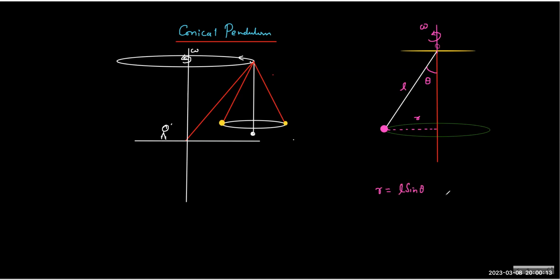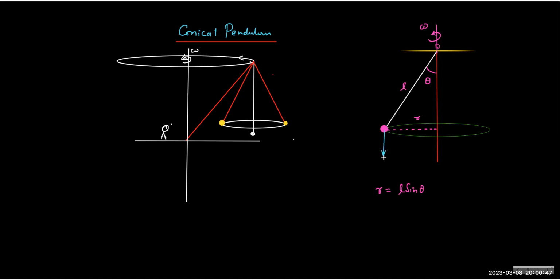And I hope you can draw the FBD. Whether you know physics or not, you can draw the FBD. So if you know the basic laws of motion, can you do the FBD? Tell me, guys, what are the forces acting on this moving mass, the bob? So tension and gravity.